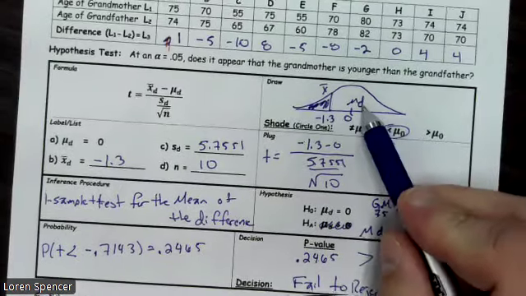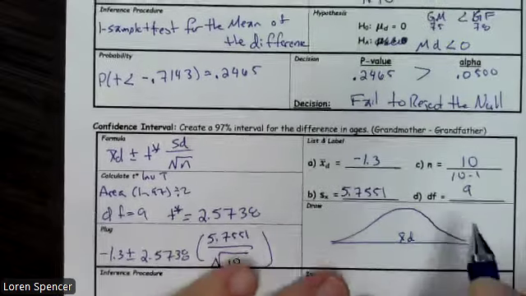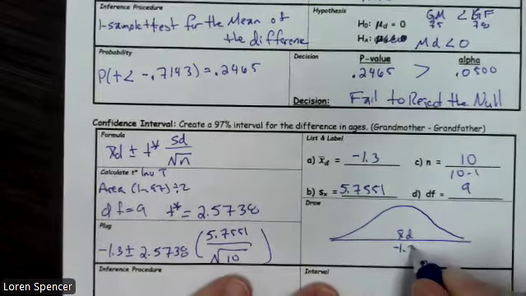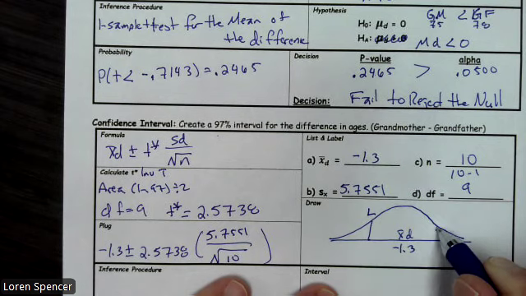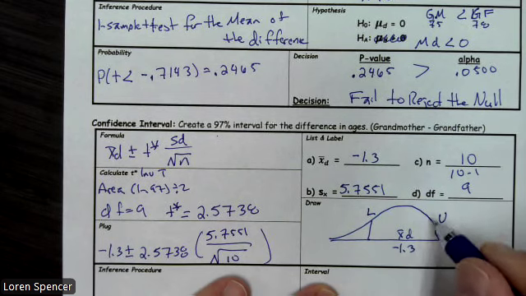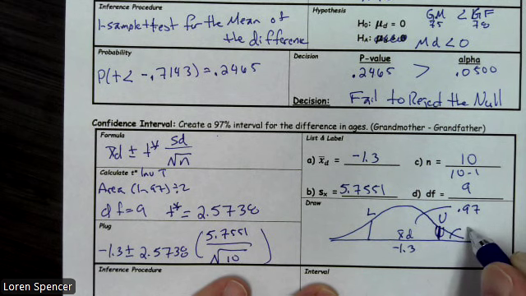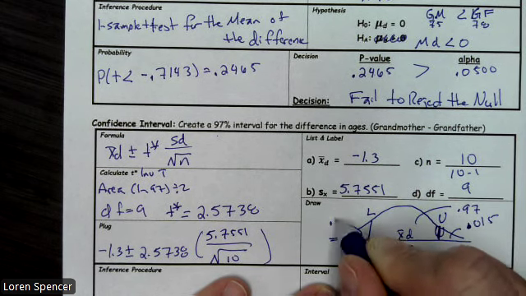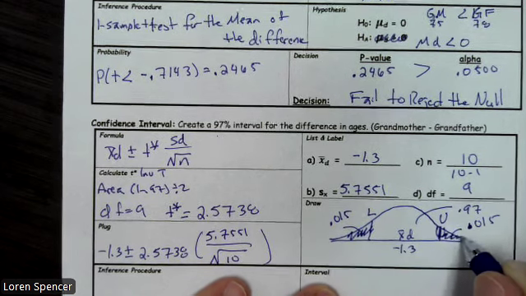Hypothesis test is centered on mu d. This is going to be centered on x bar d, or the x bar, which is negative 1.3. And we're going to need a lower and an upper. And this area right here needs to be 0.97. And this area right here is 0.015. I'll show you how I got that in just a second.